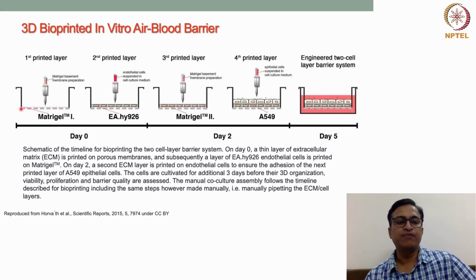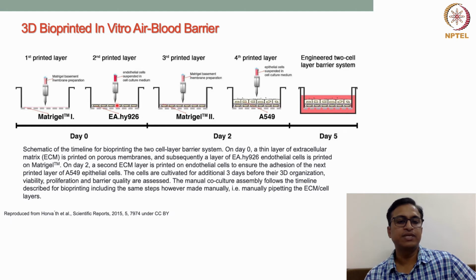A very fine layer of Matrigel is printed on day one, and then they allowed the material to solidify or cross-link, and then they bioprinted the endothelial cells, suspended in cell culture medium, on top of that Matrigel. Here they used EA.HY926, an endothelial cell line.